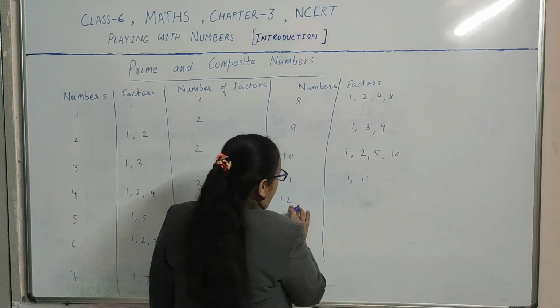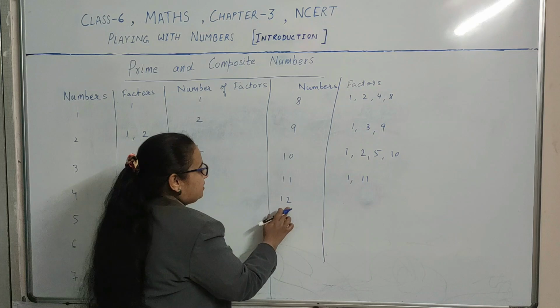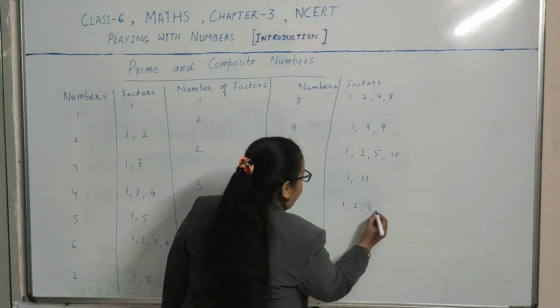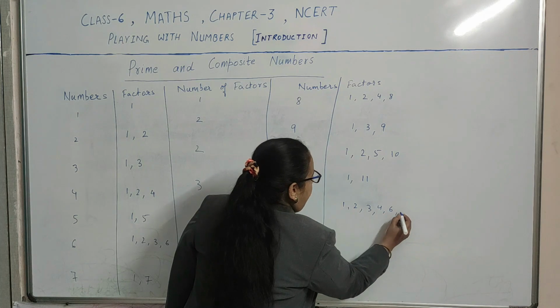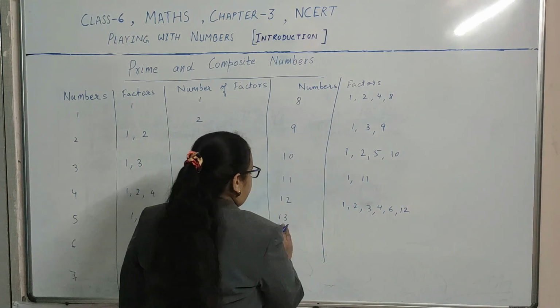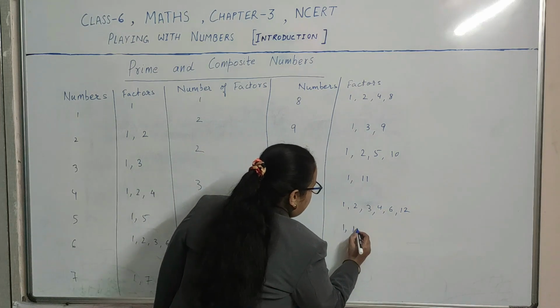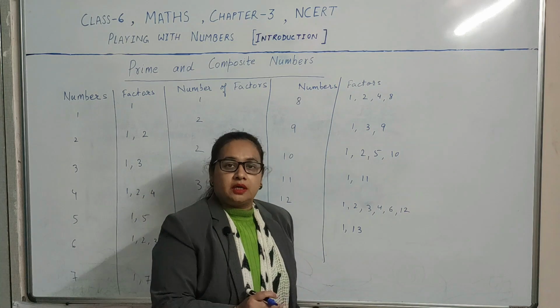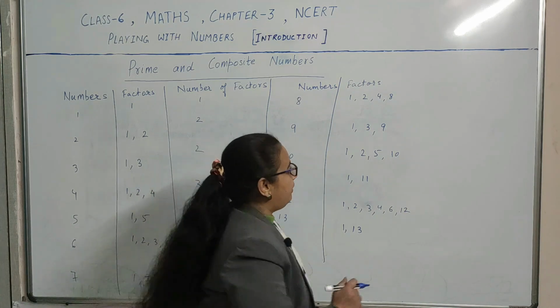The factors of 12 will be 1, 2, 3, 4, 6 and 12, right? So it has 6 factors. 13 has how many factors? 1 and 13, because it can only be represented as the product of two numbers, 1 and 13, right?